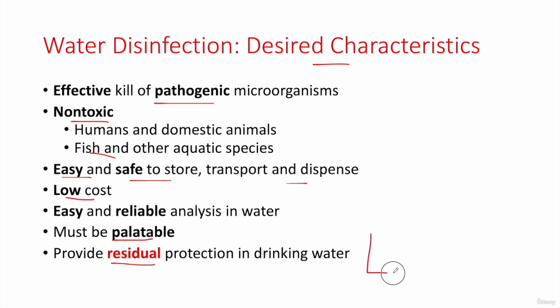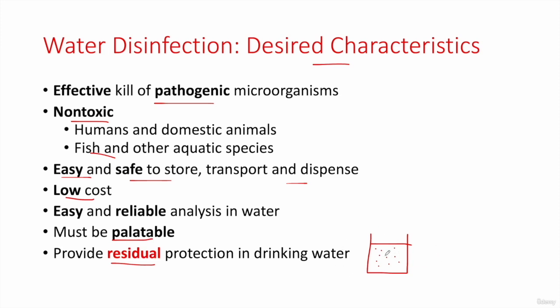So after the disinfection process, after eliminating the viruses, bacteria, and the protozoa, I still need to have a small amount of this disinfectant within the water. And this is the case of chlorine. We will still have what is known as residual chlorine that will protect the water from recontamination, especially when this water is stored.